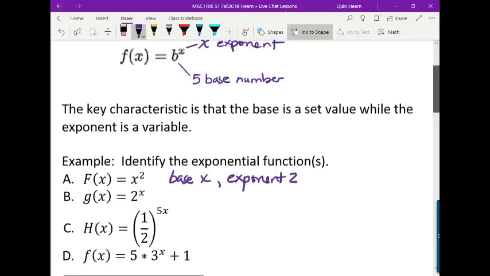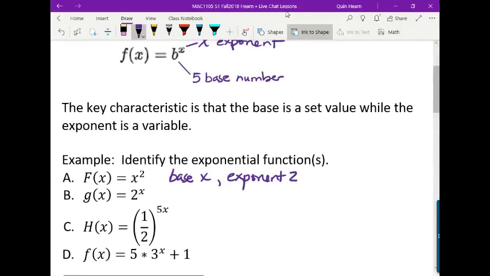So actually, no, this is not an exponential function. This is a type of function we've seen before, right? This is y equals x squared, which is our basic quadratic function, the square function, which, by the way, when you graph it, is a parabola, which is not what exponential functions look like. We'll talk about what those look like in a minute. But A is definitely not an exponential function.